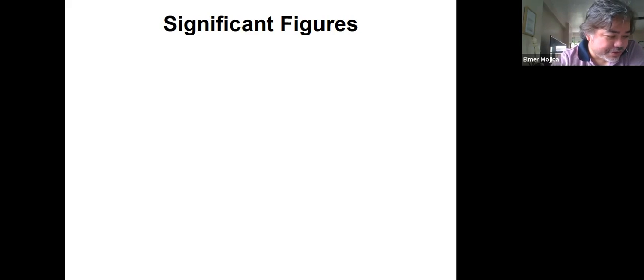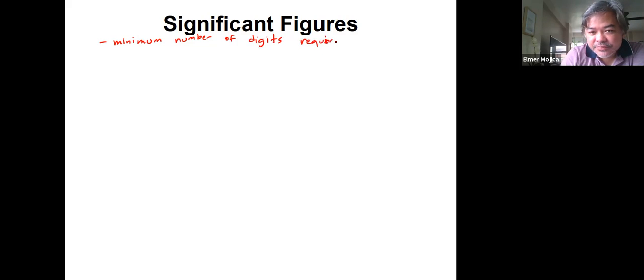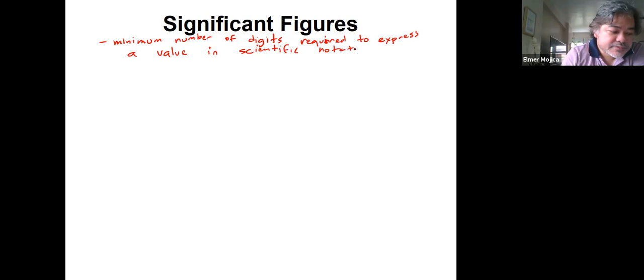So when we're talking about significant figures, this is the minimum number of digits required to express a value in scientific notation without loss of accuracy.